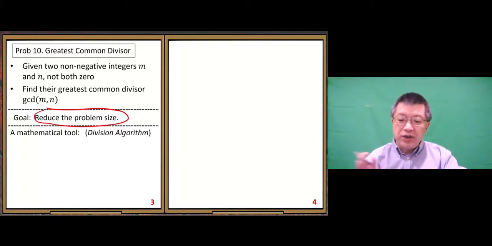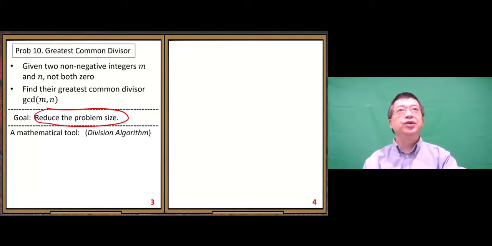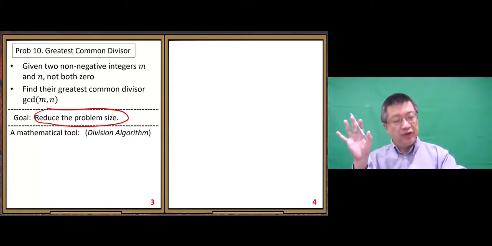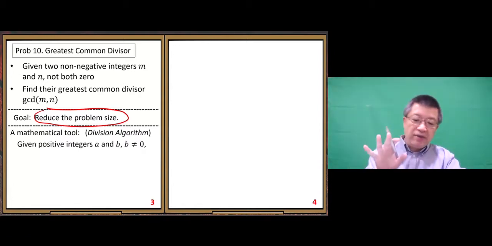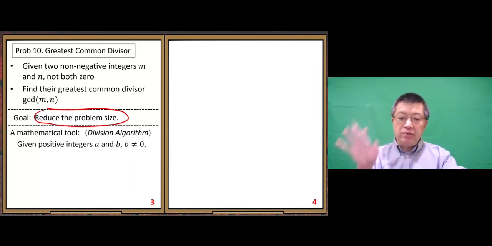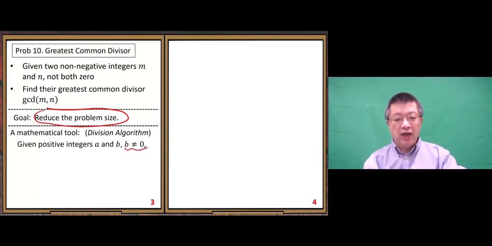That's the division algorithm. Doing division, you know how to do the division, right? Integer division. Let me describe the integer division here. Given positive integers a and b, because it's positive, b is supposed to be non-zero.